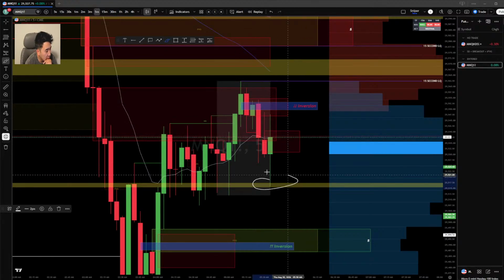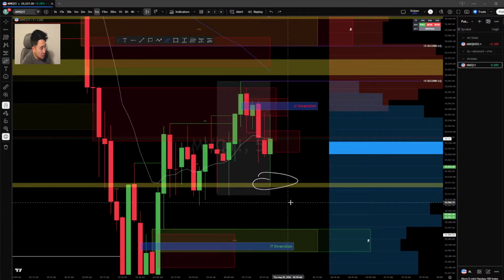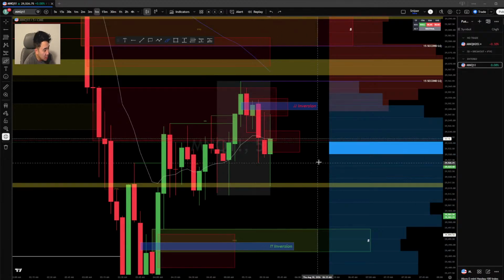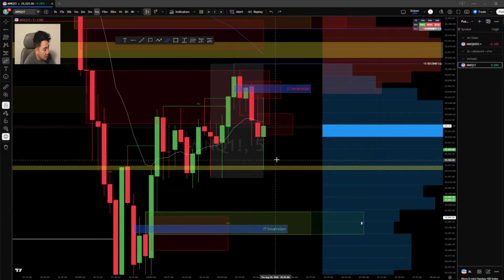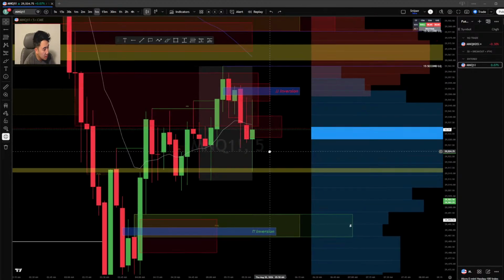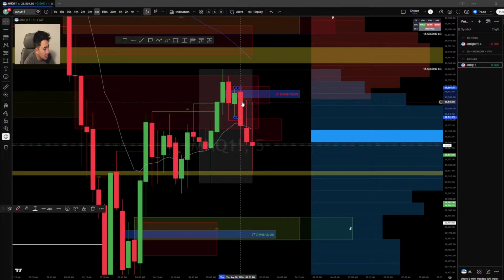So it came back down, retested this area right here. Ideally, if it ripped through it towards TP, that would be good. We just needed a big drop, but it was just kind of stalling in that area right there, and then we tried the 15-second. Here you have a supply zone at the top here.